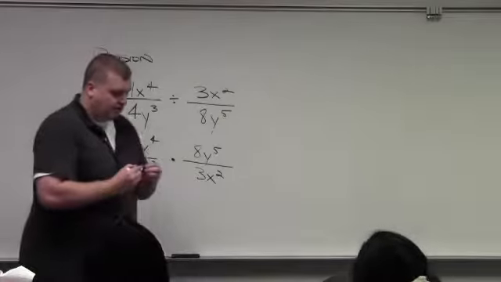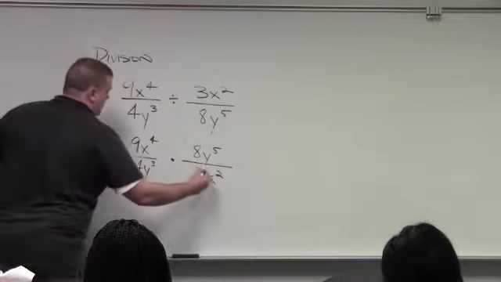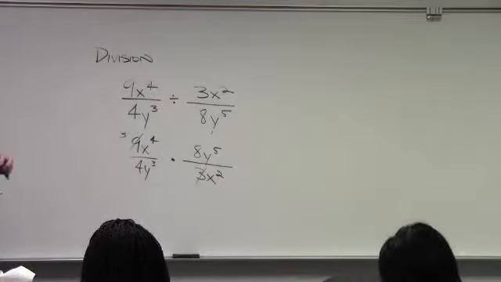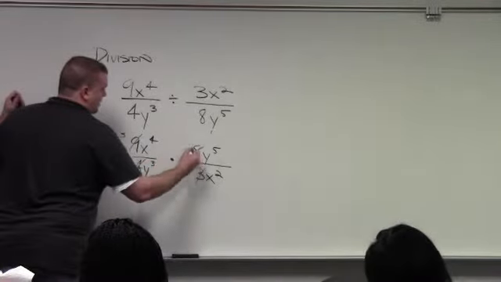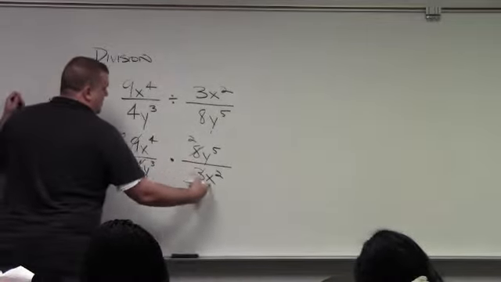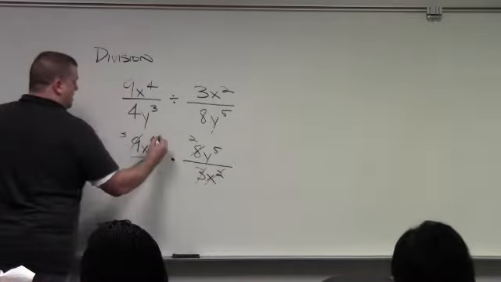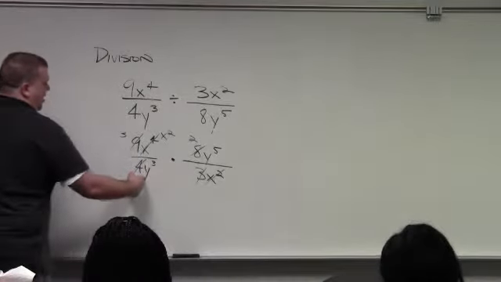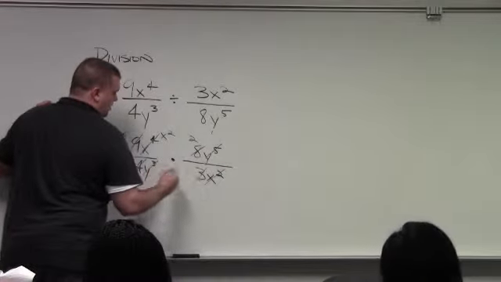So how can I reduce that? 3 and 9. In fact, I think this is the same problem. All right. So 4 and 8. Yeah. This is 2. What about the x squared and the x to the 4th? X to the second. Okay. Cancels. And where's my x to the second going to go again? Top. Y to the 3rd and y to the 5th? Y to the third cancels, and y squared goes to the top.